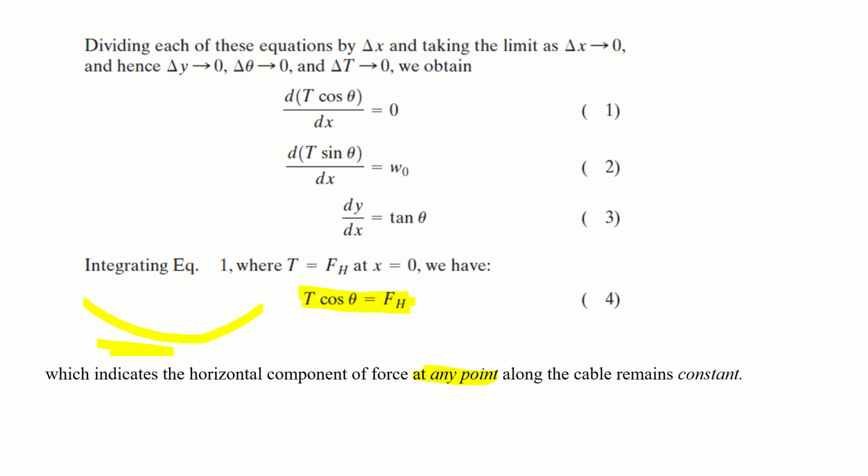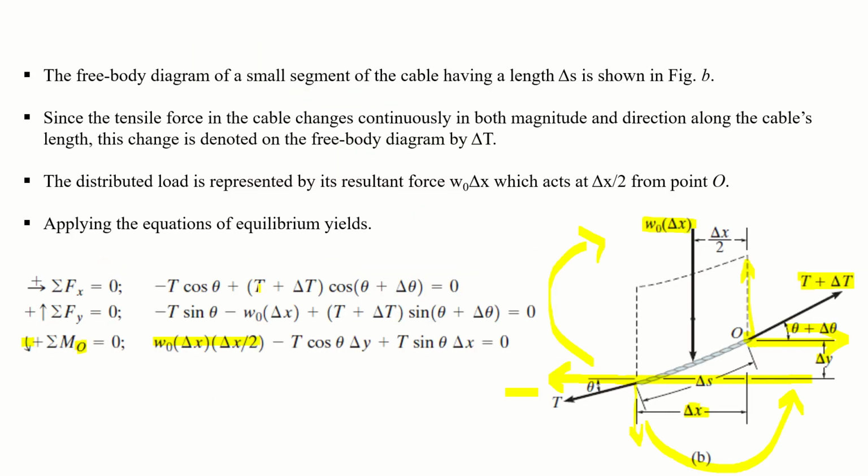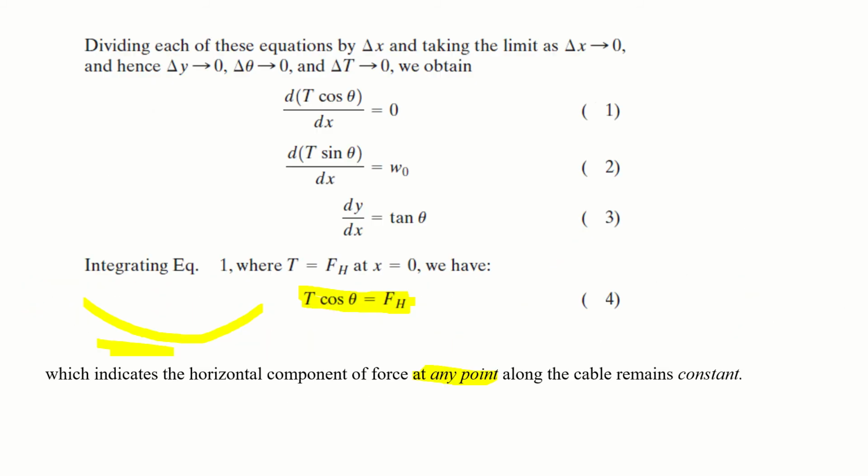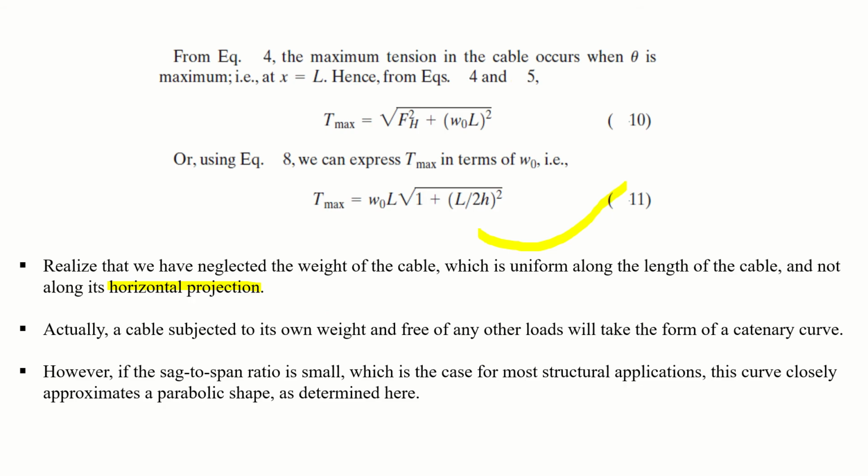Okay, for example, let me show you again this one. Uniform horizontally distributed vertical load. So its horizontal projection is uniform, but the cable's own load is uniform along its length, and we have ignored it in this analysis.